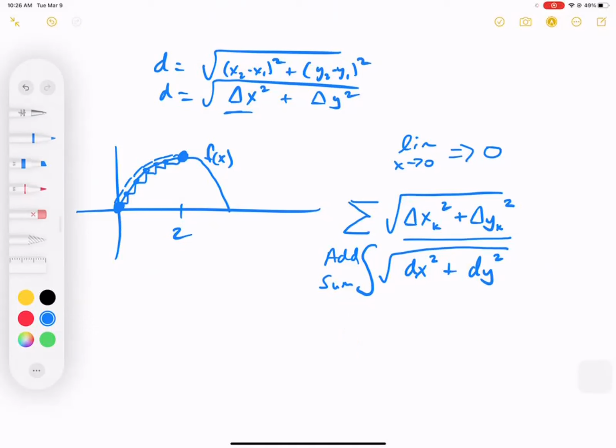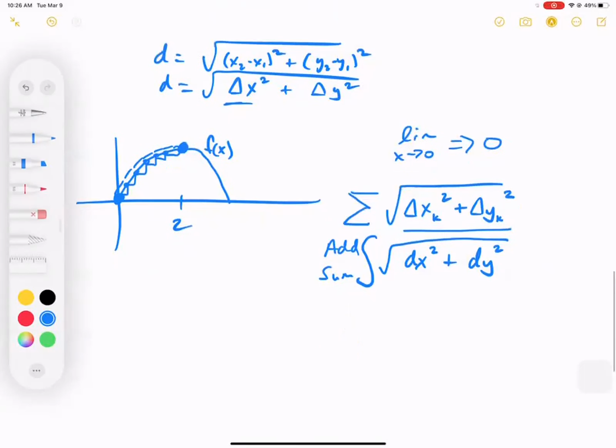I'm going to trick the problem. I'm going to rewrite this instead. Actually, yes, I'm going to multiply this problem. Take a look here.